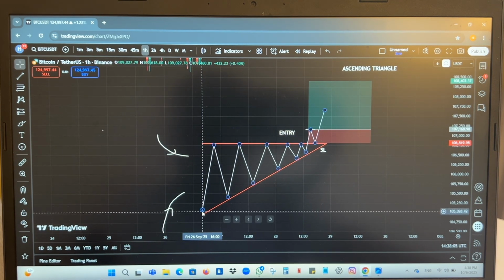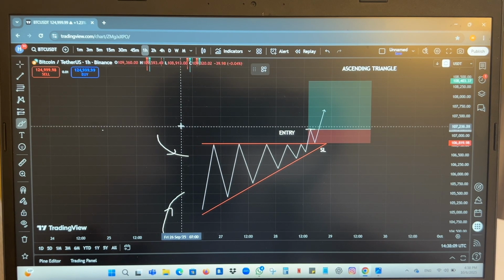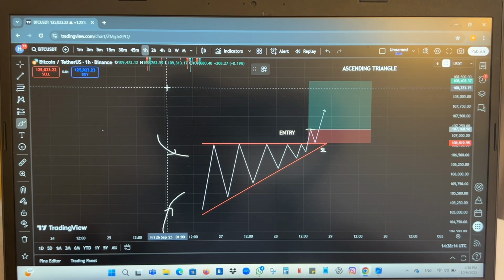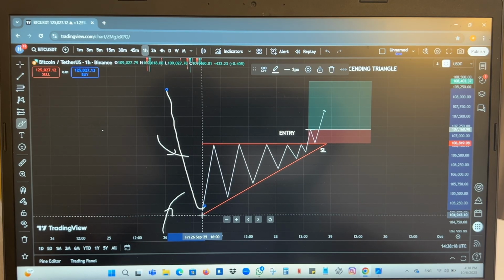And then for the TP, you need to wait until, let's say it comes from up, it comes from here, and it makes a low from here.